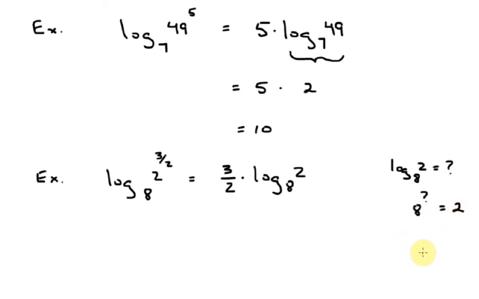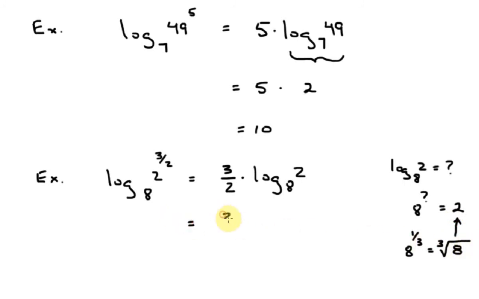So you have to use a bit of inspection and say, hey, what if it was 8 to the 1/3? Isn't that the same thing as saying the cube root of 8, and the cube root of 8 is 2? Well, you'd be absolutely correct.